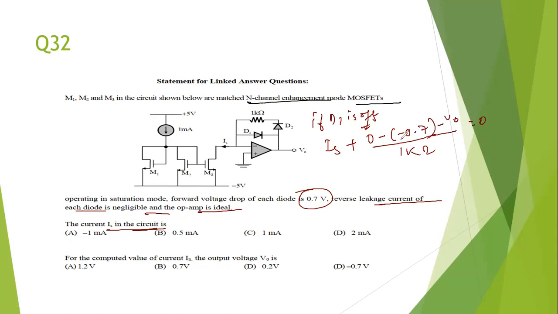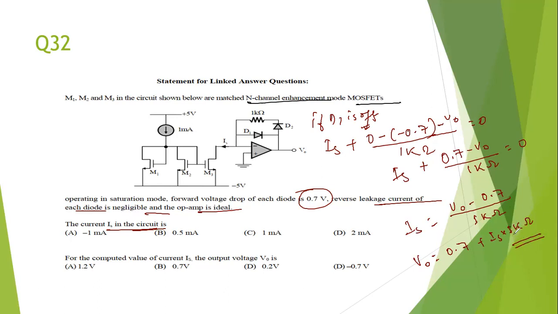So IS equals V naught minus 0.7 divided by 1 kilo ohm, which means V naught equals 0.7 plus IS into 1 kilo ohm. So V naught will be greater than or equal to 0.7 plus IS into 1 kilo ohm.